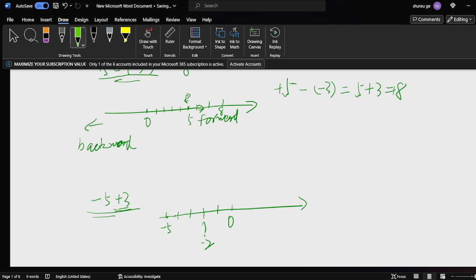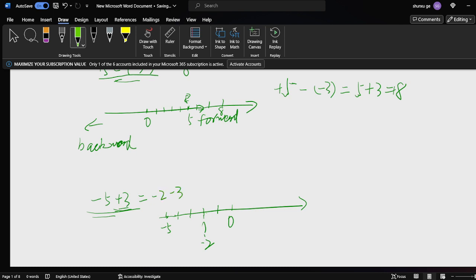Okay, we can write positive 5, negative 5, we can write in two parts. Negative 2, negative 3.